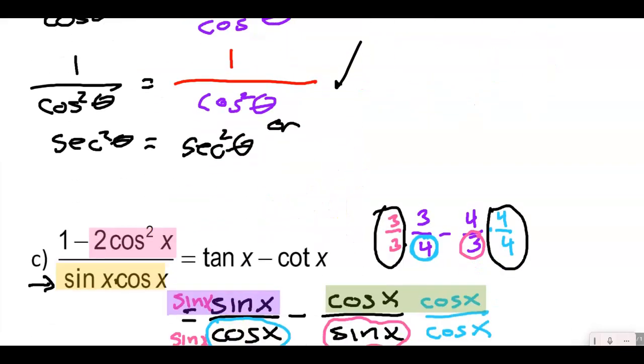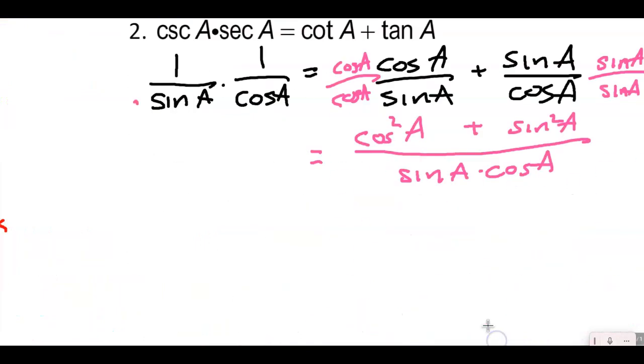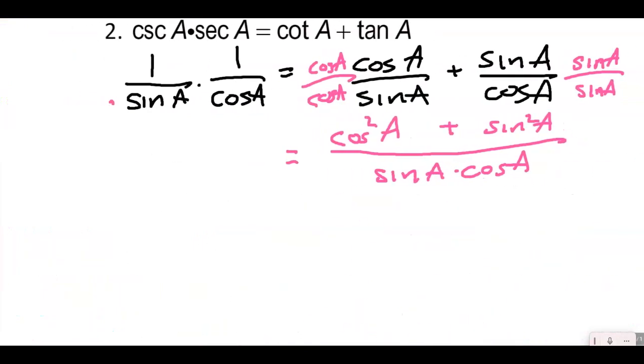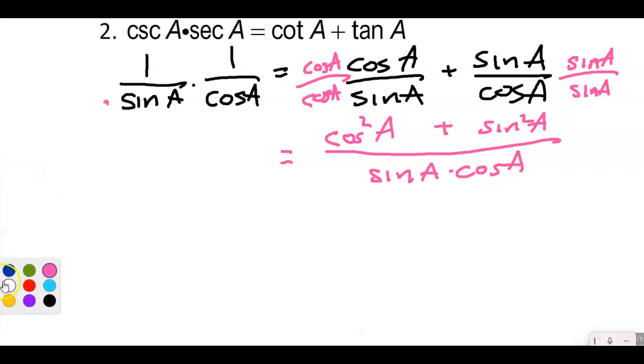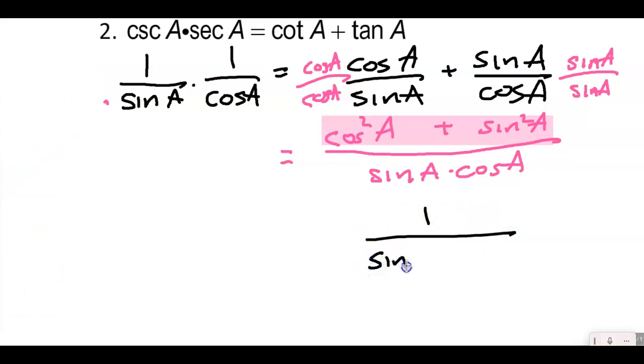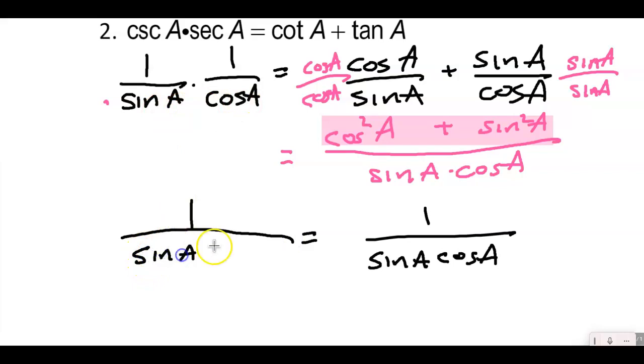We substitute in 1. Remember, anytime you get a sine squared and a cosine squared together, they make 1. So that ends up equaling 1. And over here, I'm just going to put it under one fraction, so they are indeed identical on both sides.